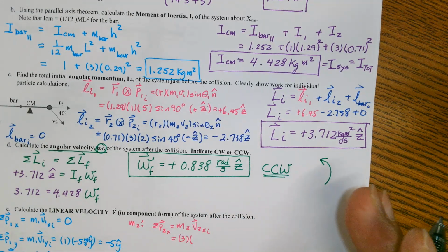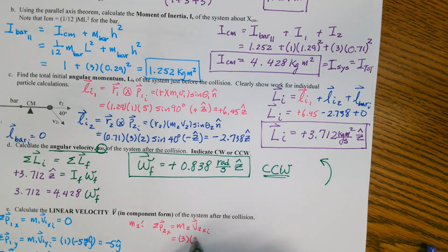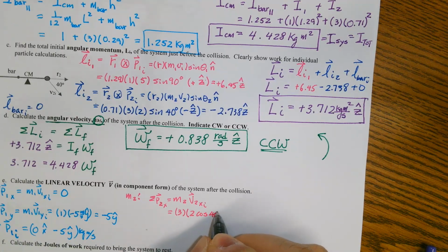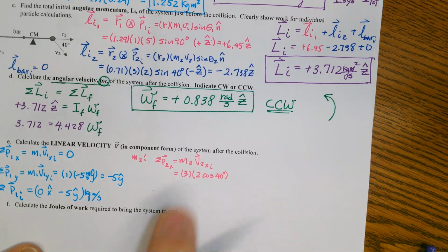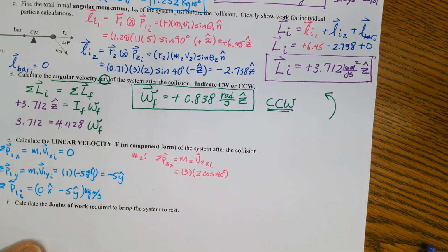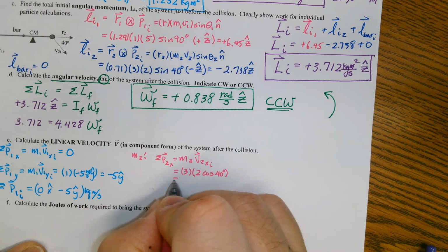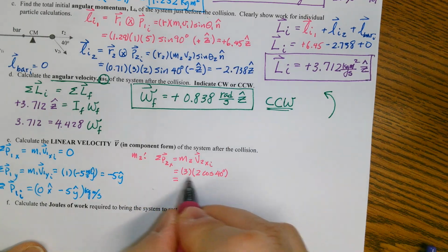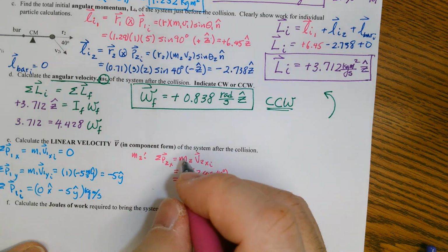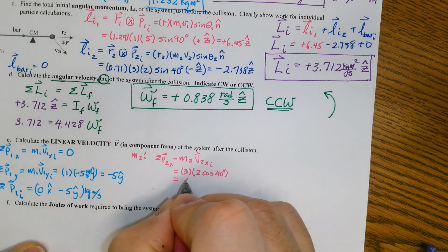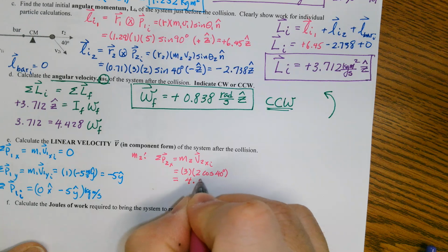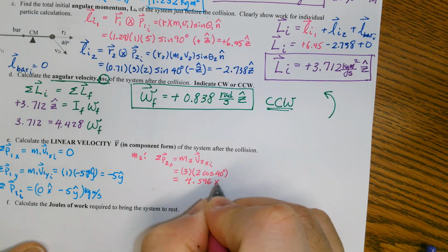So 2 cosine of 40 will give you the x component of my momentum. If you do 6 times cosine of 40, it should give you something like 4.596 x hat.